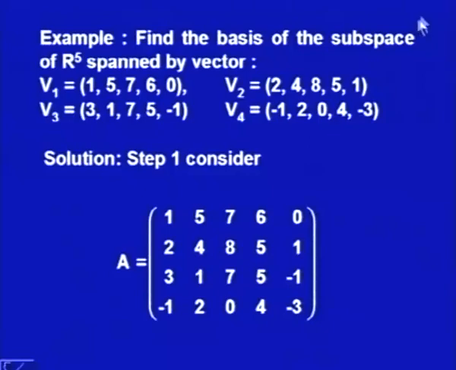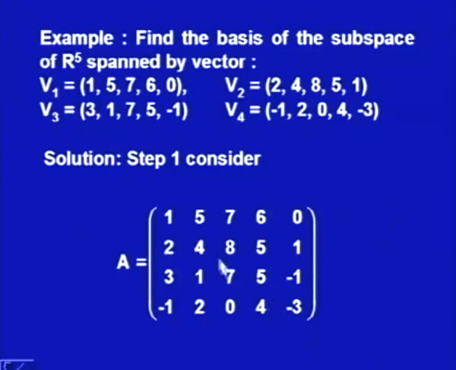According to the first step, the first vector is written as the first row of the matrix A, the second vector as the second row, the third vector as the third row, and the fourth vector as the fourth row.